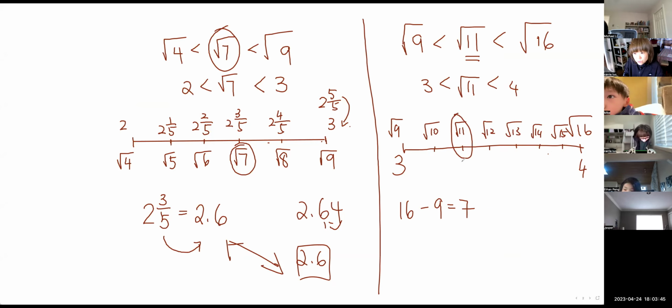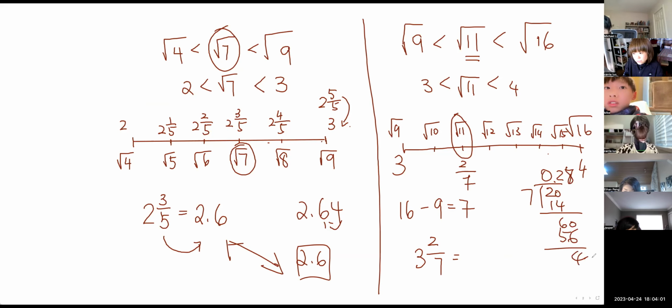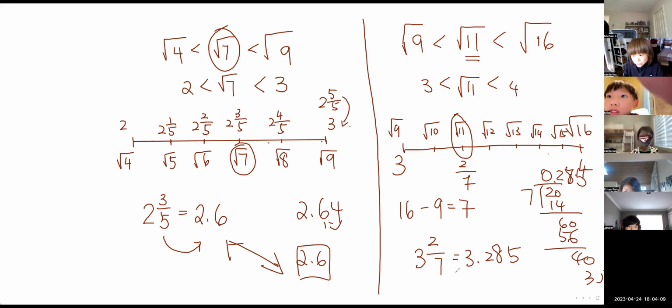So it's 2 over 7. So 3 and 2 over 7. So all we need to do is 2 divided by 7. We know this, right? 2 divided by 7 is 3.285. So I'll just use 1 decimal place, 3.3.